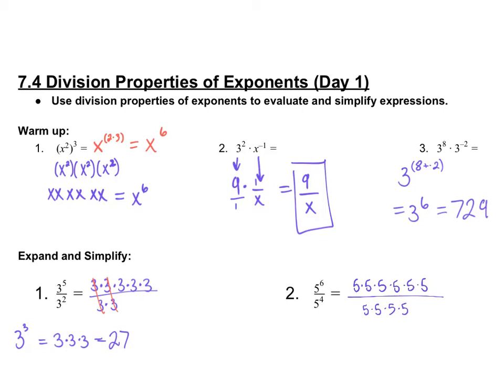So because it's only multiplication, a 5 on top cancels with the 5 on bottom. Another one cancels, and another one. So what we are left with is just 5 times 5, which is 5 squared, or 25.